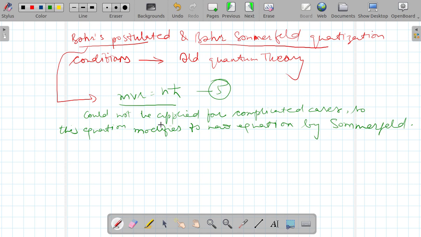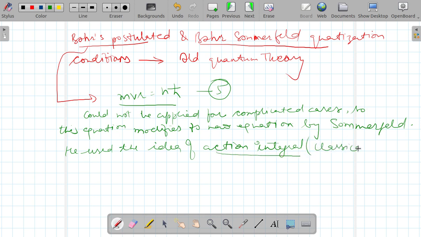He used the idea of action integral, and action integral we have studied in classical mechanics.